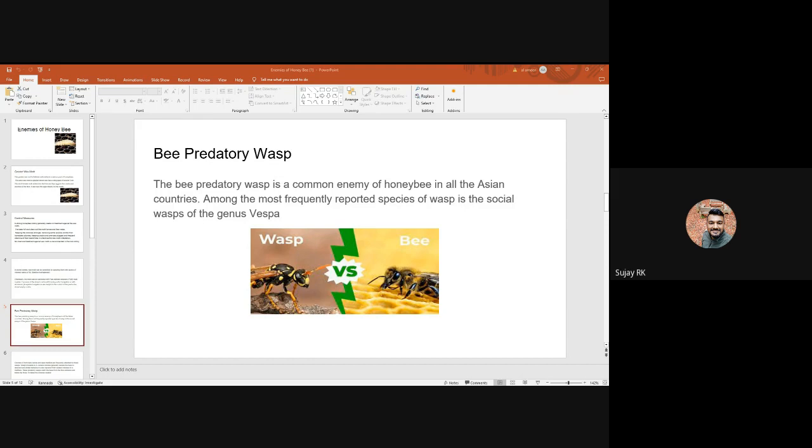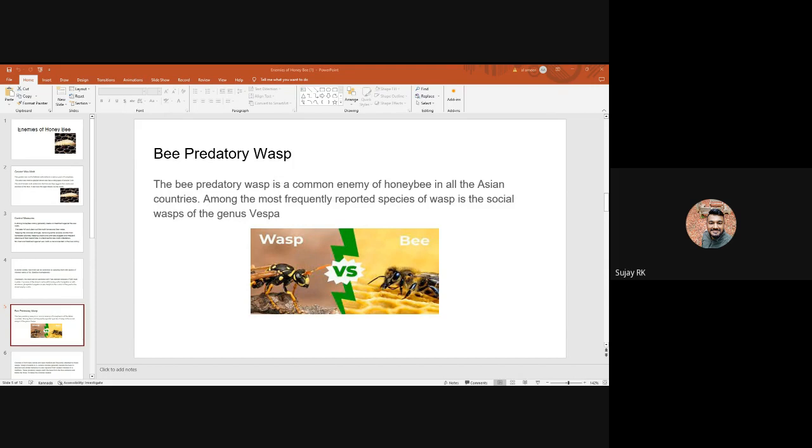These predatory wasps catch the bees from the hive entrance and inside the hives as well. It makes the colonies weaker, so it keeps buzzing around the entrance of the bee boxes itself. Whenever bees try to enter into the box, it attacks the bee, and it feeds on the bees.